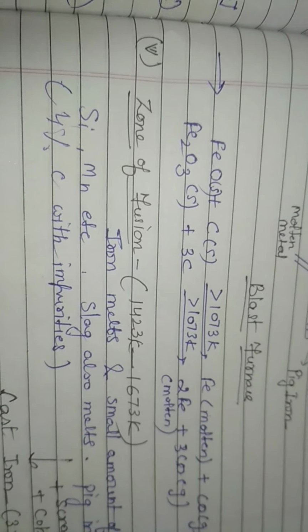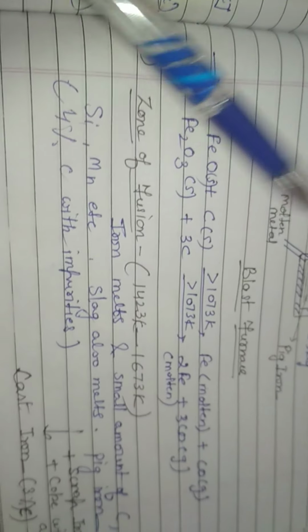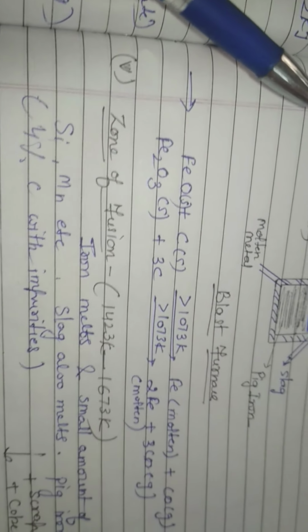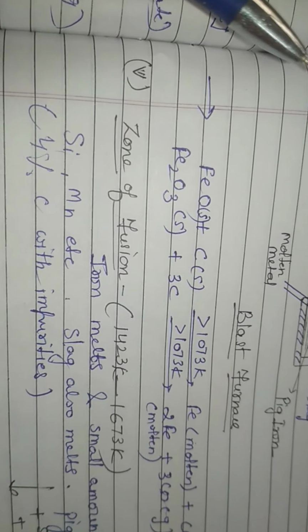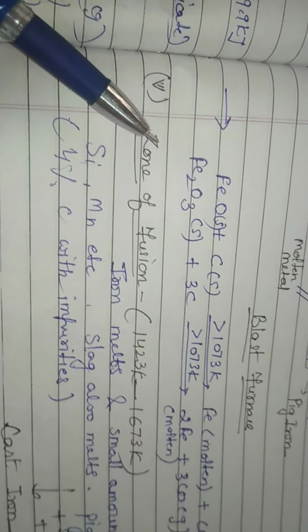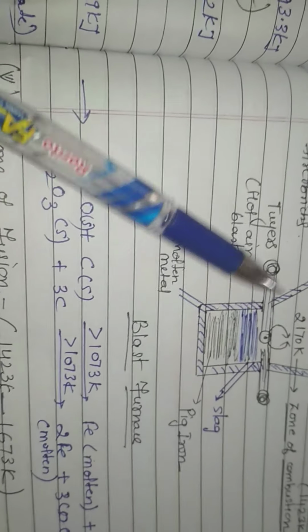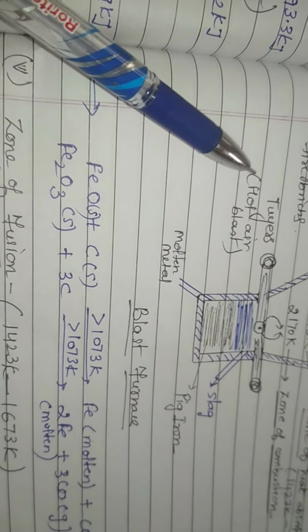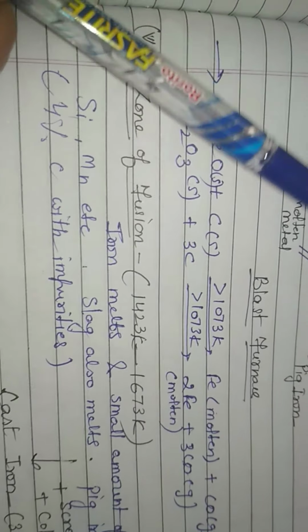Now this spongy iron melts and dissolves some carbon, sulfur, phosphorus, silicon and manganese that I have told you are formed in the zone of slag formation, and calcium silicate also melts and moves towards the hearth, being collected there. As calcium silicate slag is lighter, it forms the upper layer, while molten iron that is heavier forms the lower layer. Now they can be collected from these two holes.